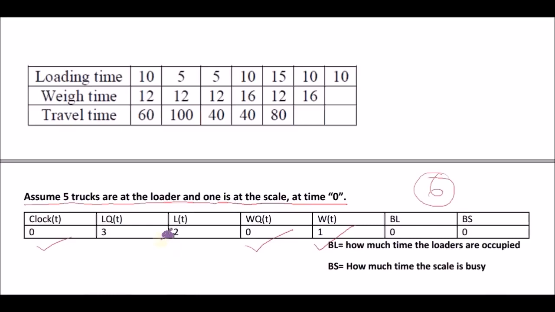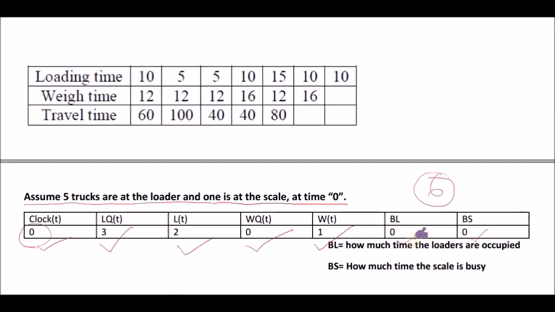Now how do we distribute this? Since there are 2 loaders, 2 of them get filled in the loaders, and how many are remaining? 5 minus 2, 3. So 3 of them are waiting in the loader queue. So we have the first instance at time 0 as to what the scenario is and how the trucks are distributed at time 0. Since it's the first time instance, nothing has happened, clock is just 0, and BL and BS are going to be 0 because nothing happened, it's just about to start.